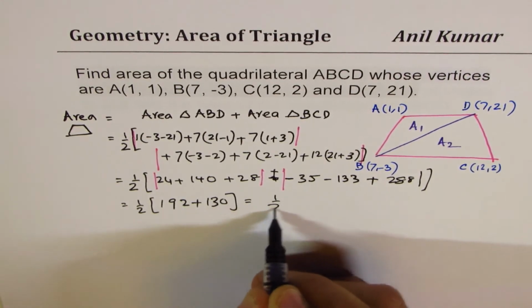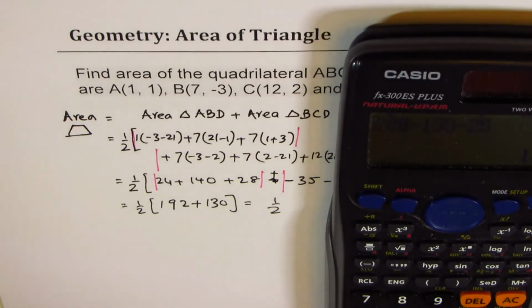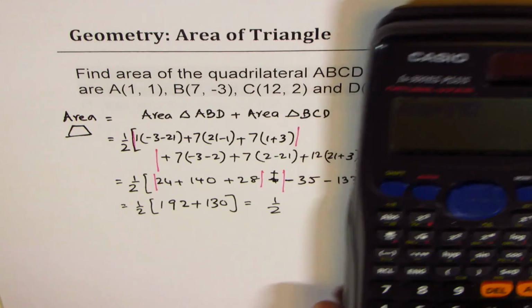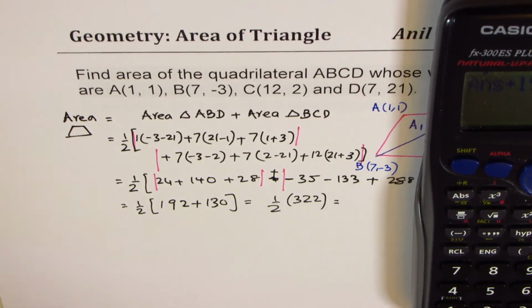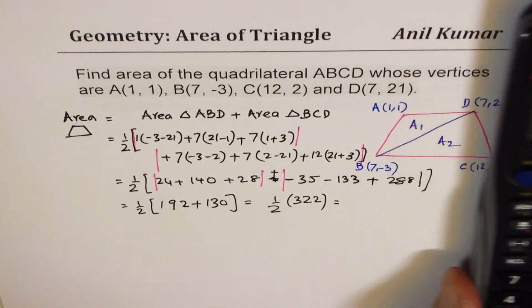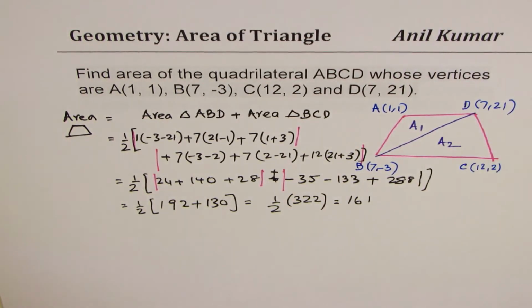So that is half of, let's add them, then we'll divide. So 130 plus 192 gives us 322, and dividing by 2 gives us 161. So it is 161 square units.